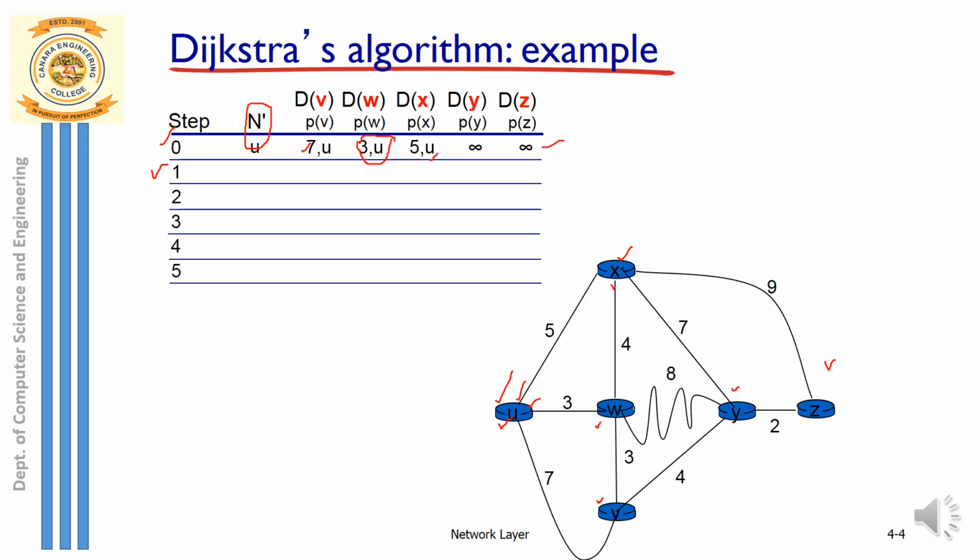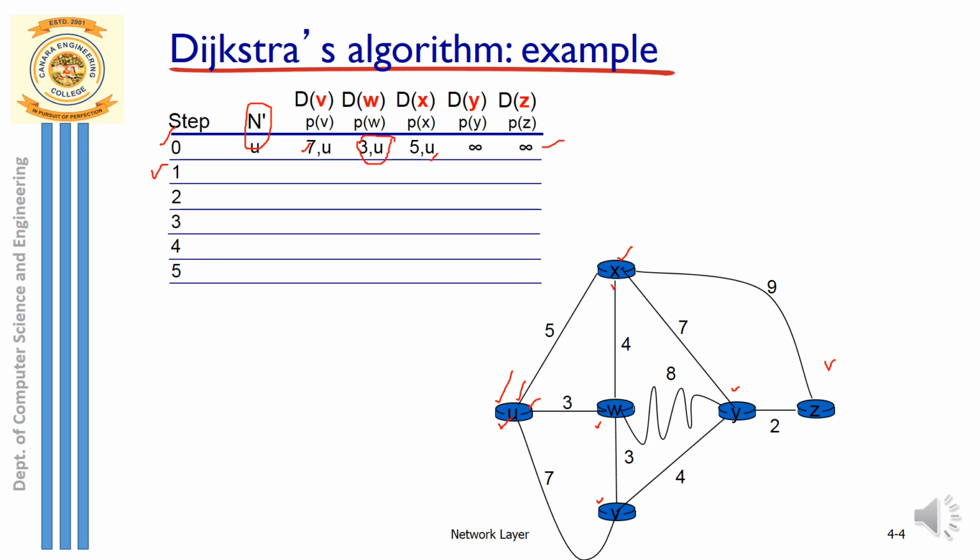And I can now say that my shortest path calculation to the node W is done. So what I can do, this node W I can add to my list N'. So along with the source node U, now I have also calculated the shortest path to the node W. So W I can add now to the list of nodes N', so that in my next step I can continue calculating the shortest path via node W.